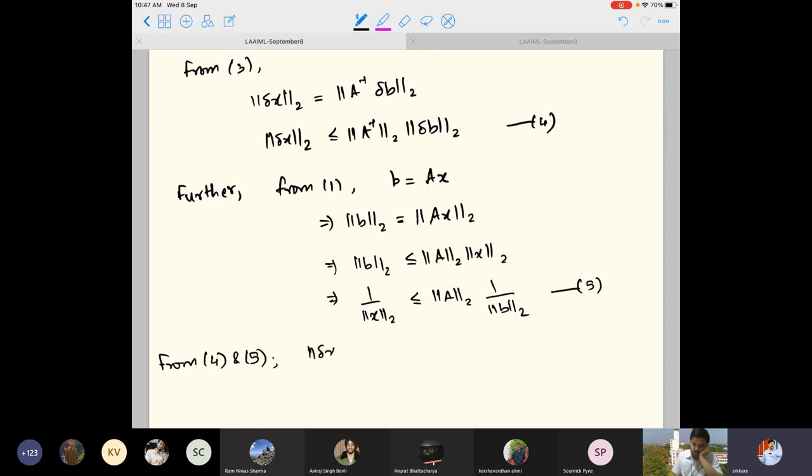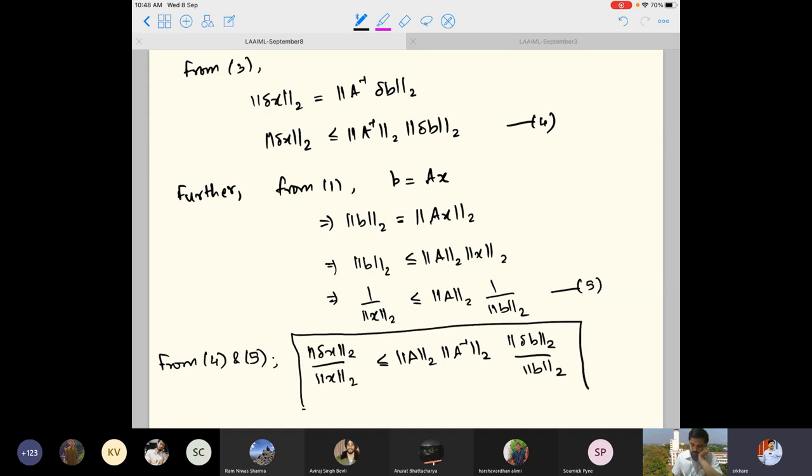What do I get? This is your first sensitivity analysis result.